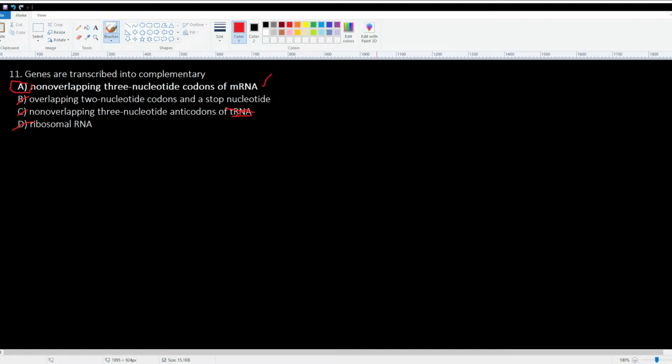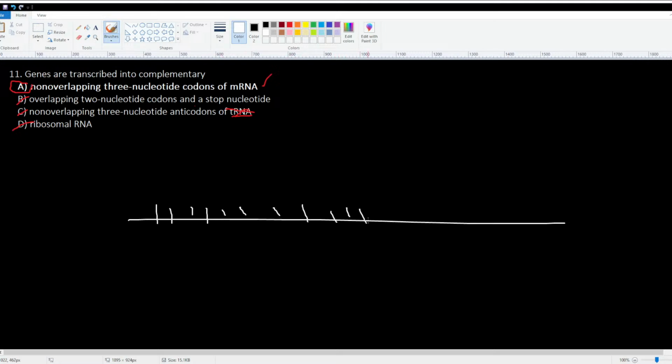So, moving on. What is a codon? Let's say we have our mRNA.